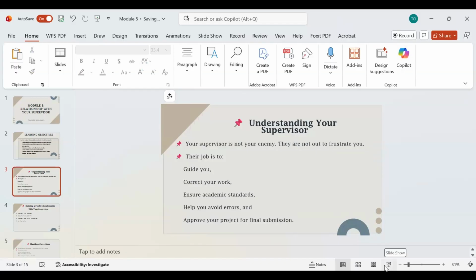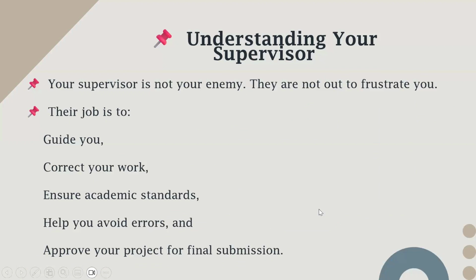And if you are favored to have a very, very good supervisor, it's an advantage.